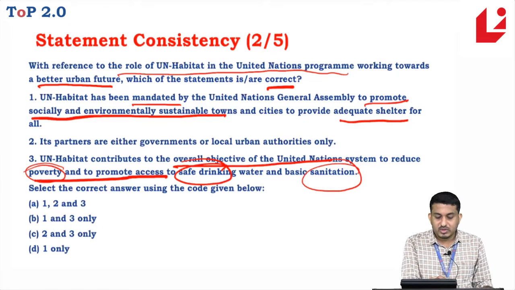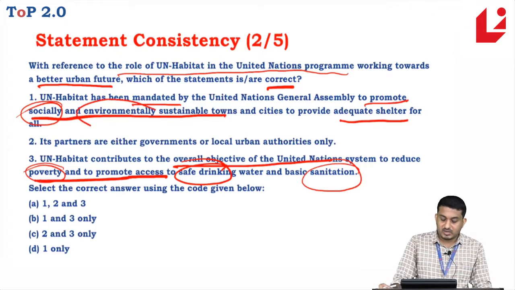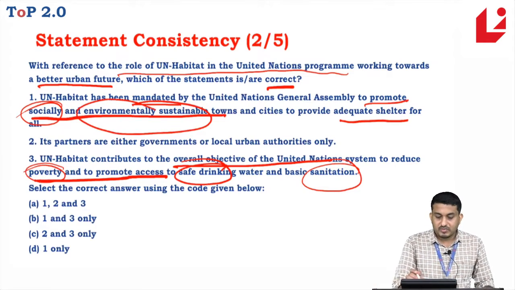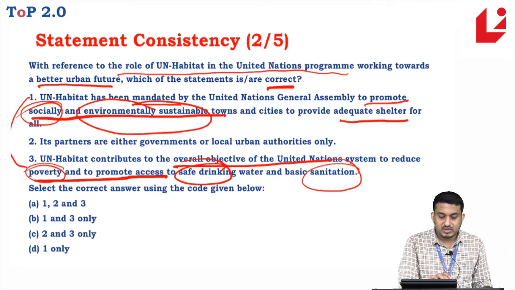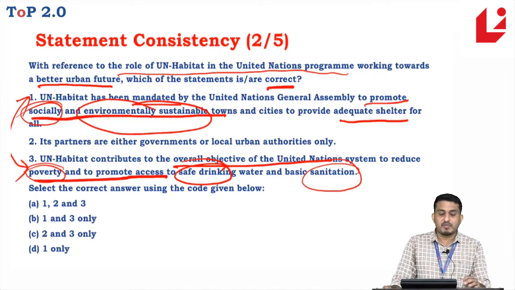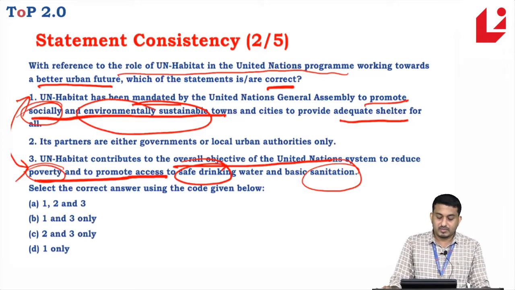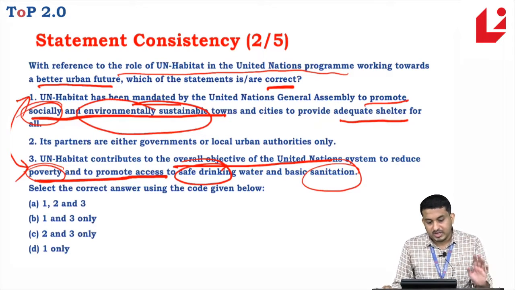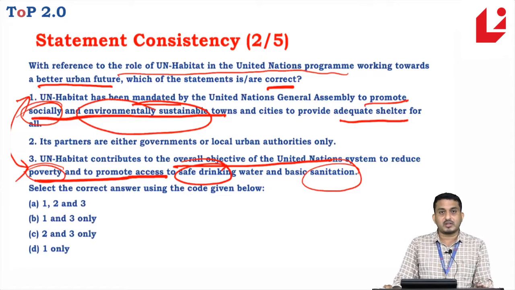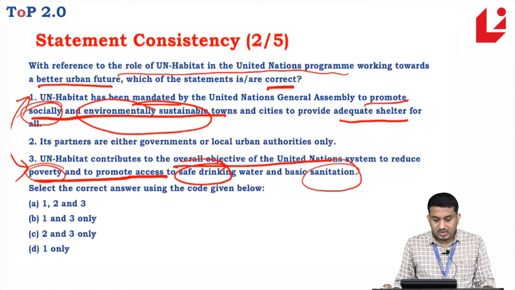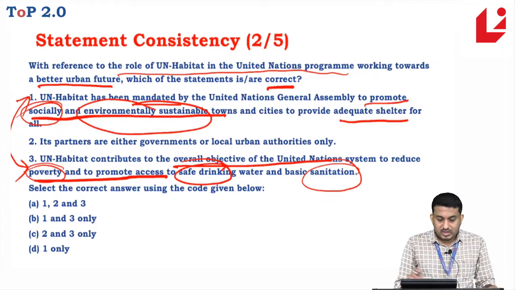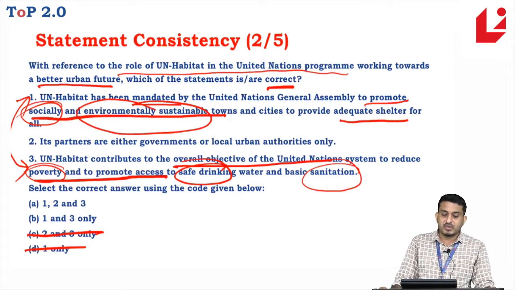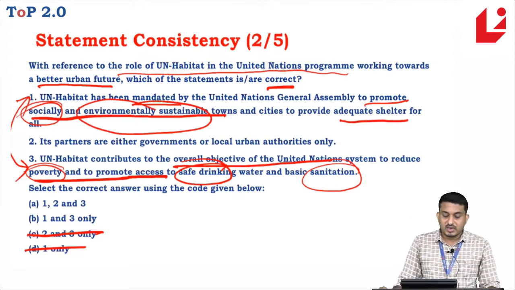First statement is about socially and environmentally sustainable towns. That means 1 and 3 seem consistent, or I can say 3 can be a part of 1, a subcategory of 1. That means if 1 is there, 3 should also be there. If 1 is correct, 3 is also correct. So 1 and 3, that means C and D you can eliminate. You are left with 2 options, A, 1, 2, 3 and B, 1 and 3 only. Now read the second statement.